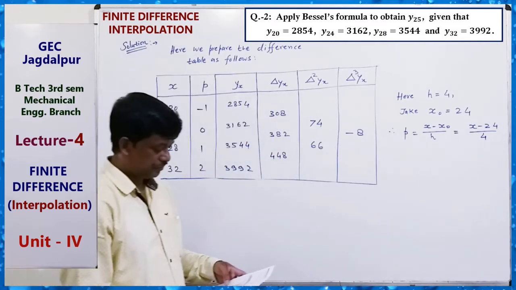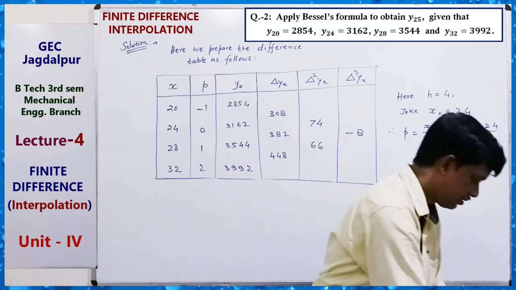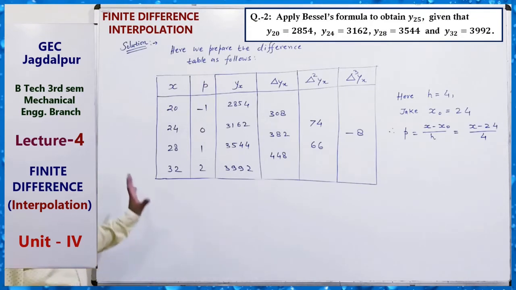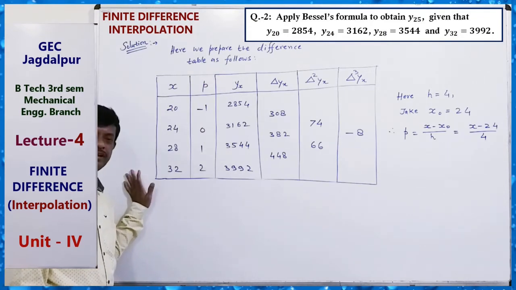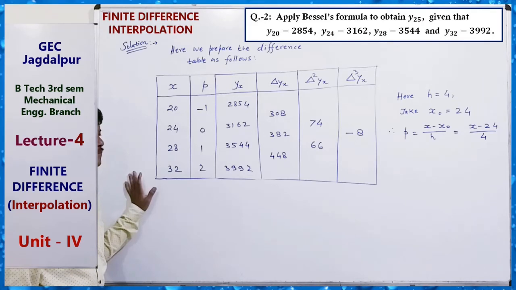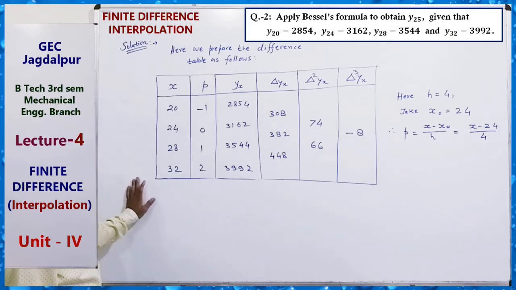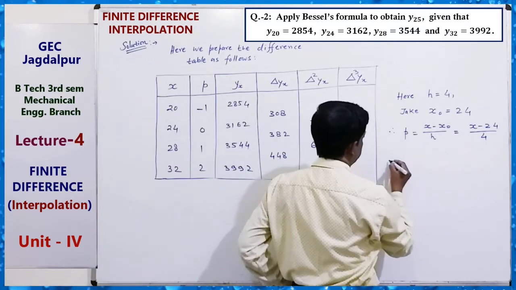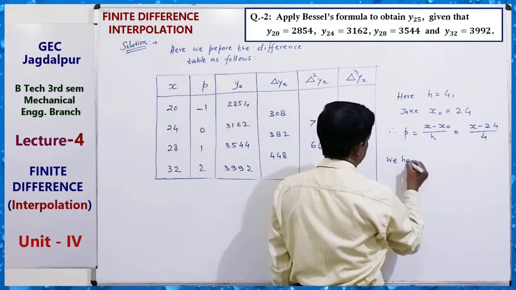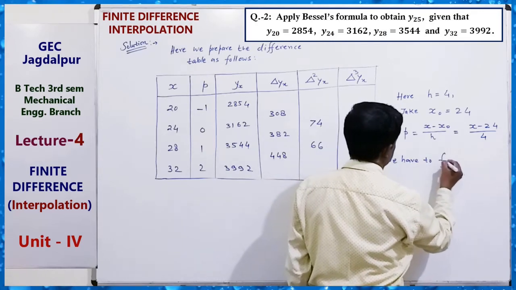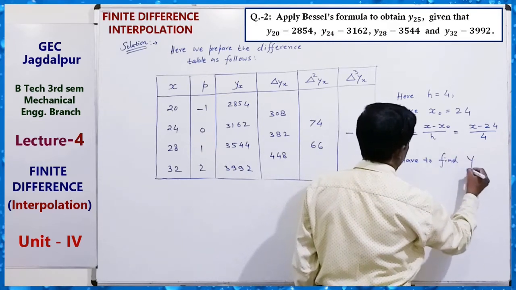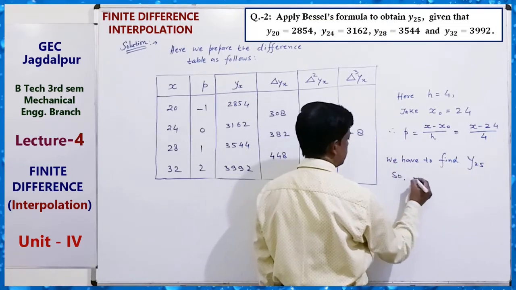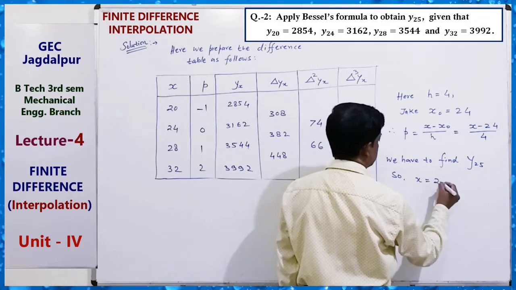Okay. Now the simple table is created. Now we have to use Bessel's formula for finding the value. Which value do we have to find? We have to find y25. So x equals 25.